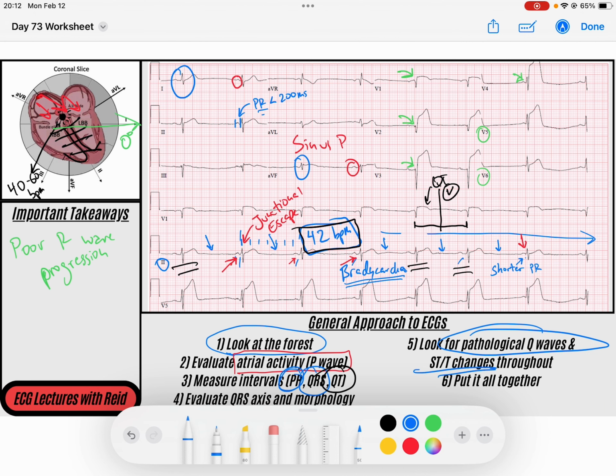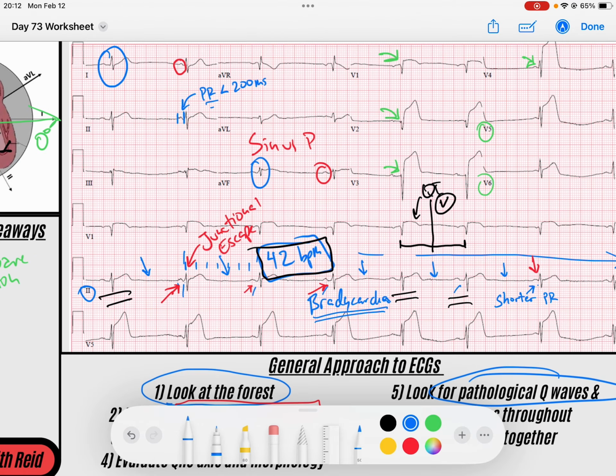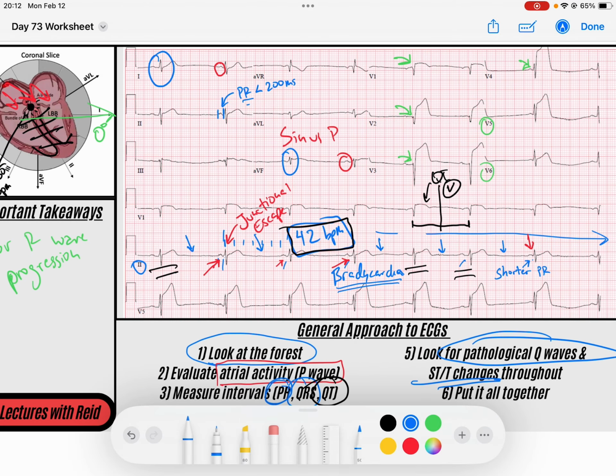And what you've probably noticed this entire video and what we've been waiting for is we see some significant ST elevations. The most predominant ST elevations, as you can tell, are right here in V4. If I draw my baseline and my ST, very significant. Same thing with V3. And then we also have a bit in V2 all the way up to V1. It starts to decrease as we get to the lateral leads.